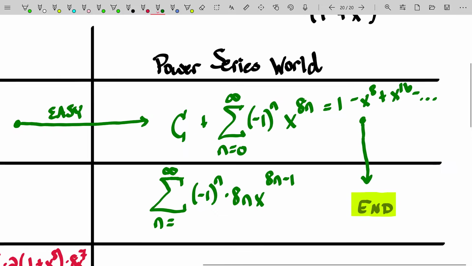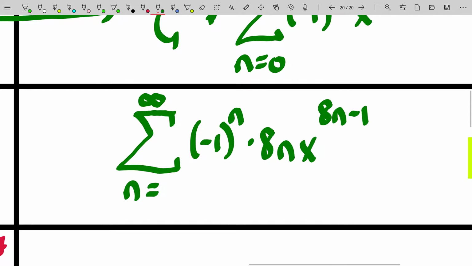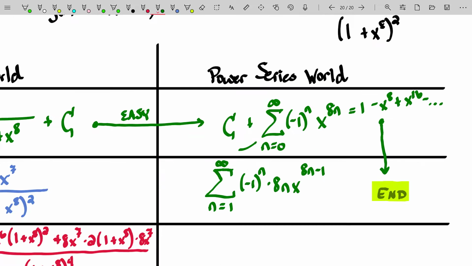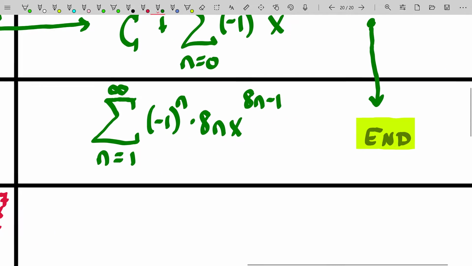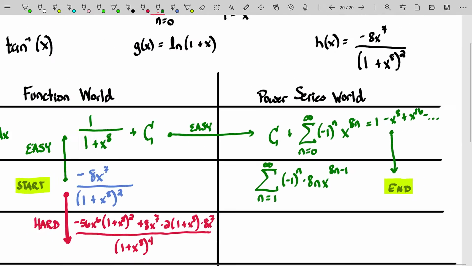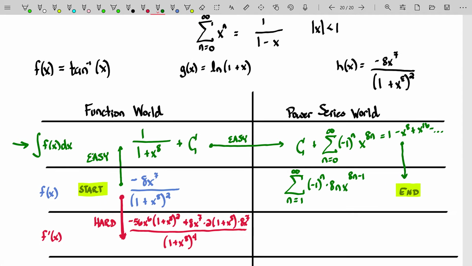So that very first term, when you take its derivative, it will disappear. So our series does not start at 0, it's going to start at 1. Again, the very first term of this power series is going to be a constant, and when you take the derivative of a constant, it will disappear. So instead of starting at n equals 0, our derivative will start at n equals 1. And we have suddenly arrived at the end of our problem there.